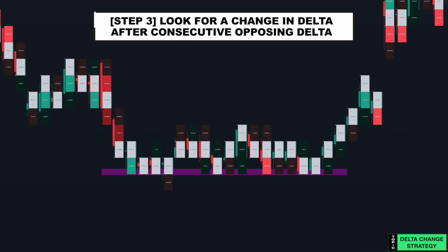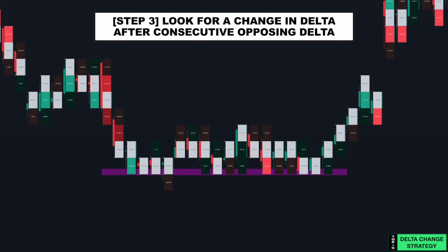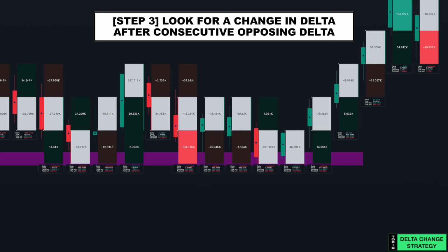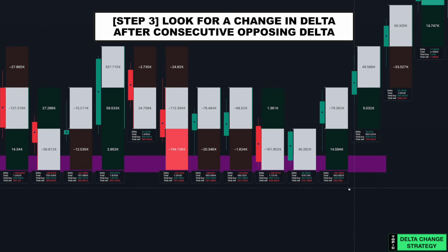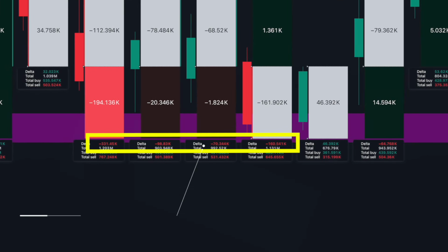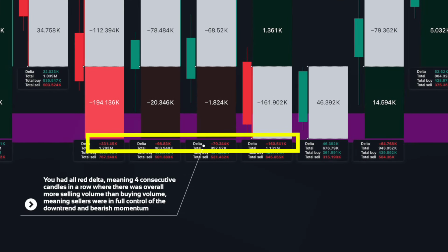Step 3. Look for a change in delta after consecutive opposing delta. So when we zoom in, notice how when price came down to the key level, you had all red delta, meaning 4 consecutive candles in a row where there was overall more selling volume than buying volume, meaning sellers were in full control of the downtrend and bearish momentum.